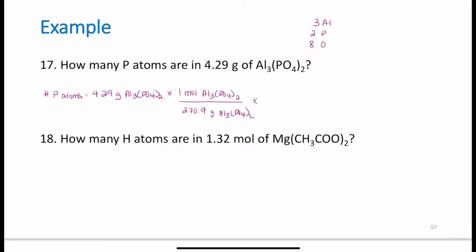Now that I'm in moles of aluminum phosphate, I'm going to go ahead and convert to moles of phosphorus specifically. I know I have 2 phosphorus for every 1 mole of aluminum phosphate.